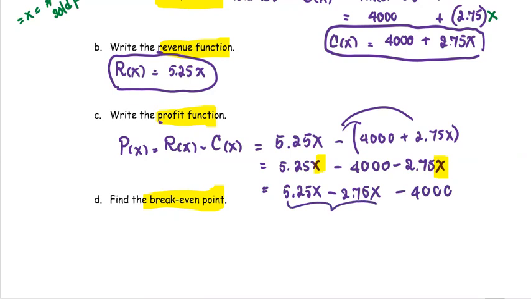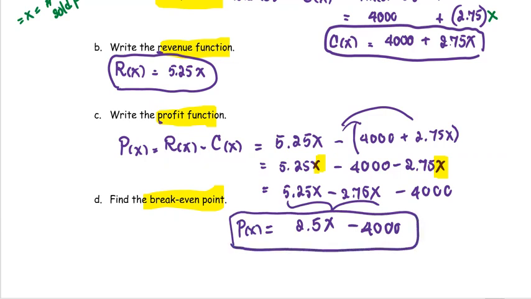I consider these two as the like terms. Like if you have one apple and two apples, how many apples in total? You just add or subtract the numbers, right? So 5.25 minus 2.75 comes out to be 2.5x, and then minus 4,000. And this is the function for the profit. Sorry for the room that I did not provide enough. So this is the profit for part C.